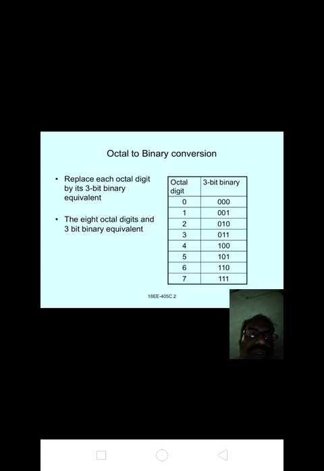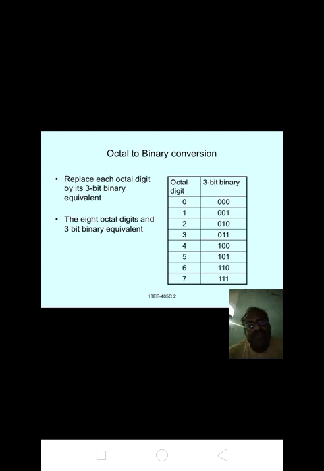For 0, we don't have any value, so the 3 bits will be 0. For 7, we must add all 3 bits: 4 plus 2 plus 1, we get the value 7. So 7 is 111.